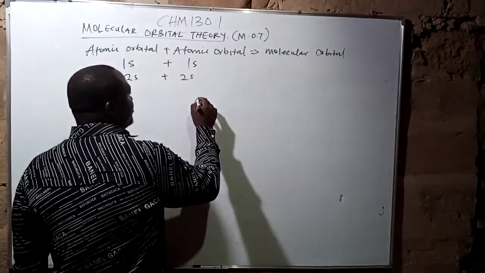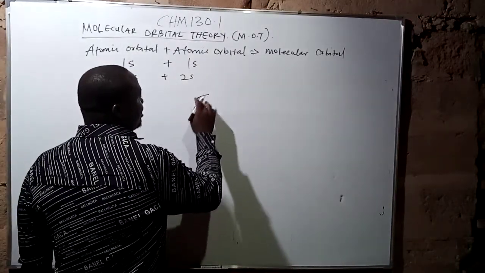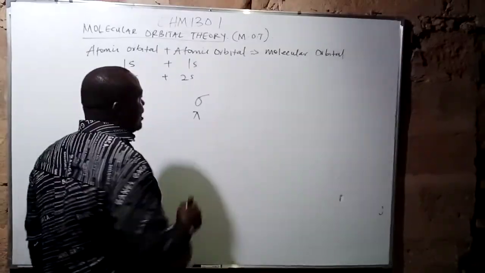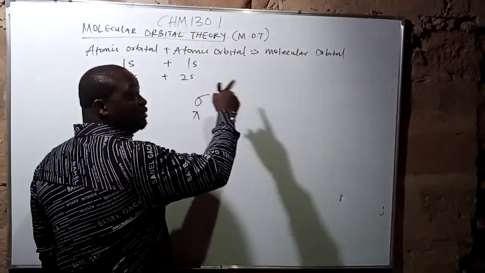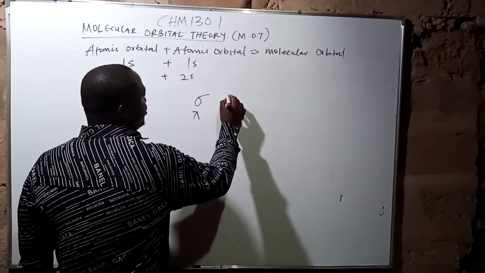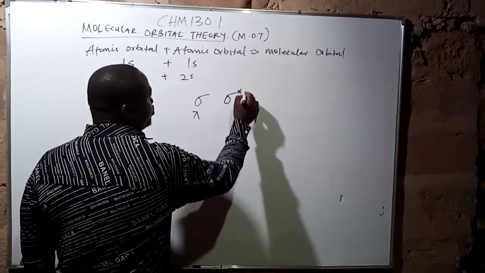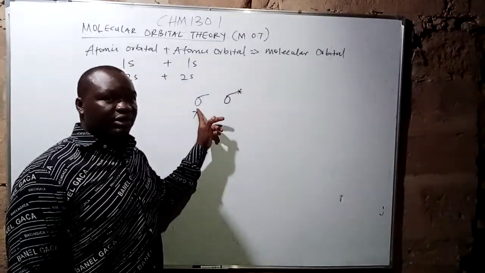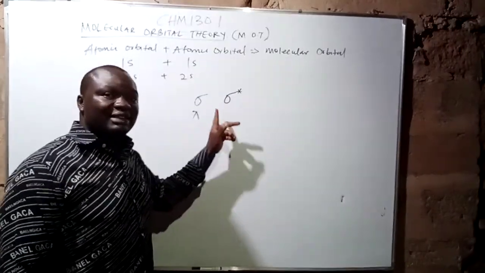This is the formula for sigma bond under this course, and this is the formula for pi bond. The bonding sigma bond is this, and for the antibonding sigma bond, you put a star at the top. So this is the bonding sigma bond. This is the antibonding sigma bond.